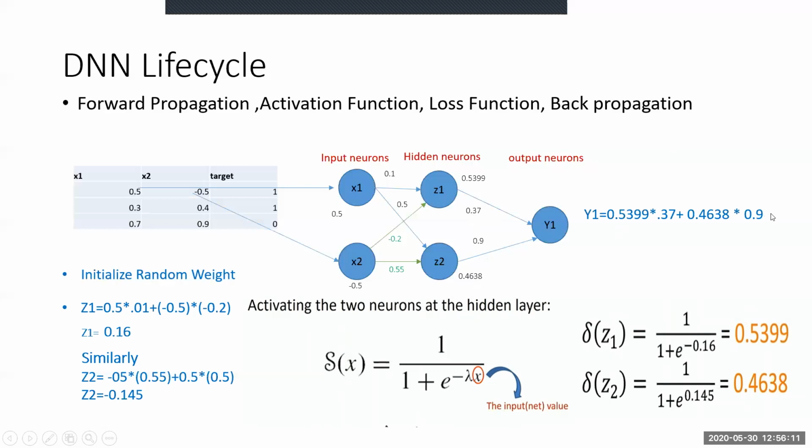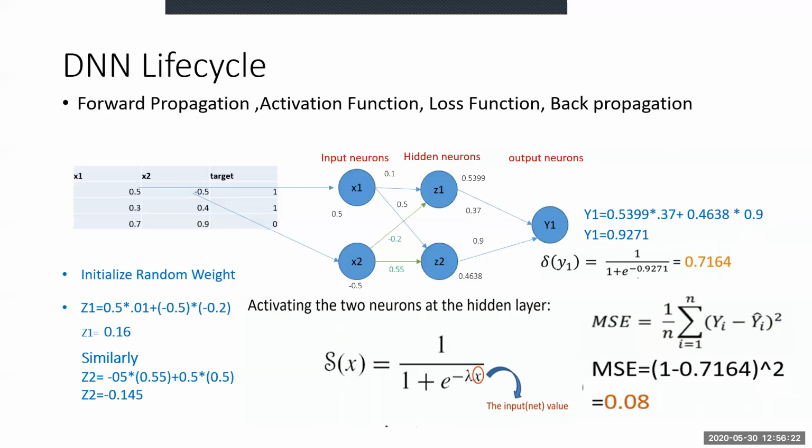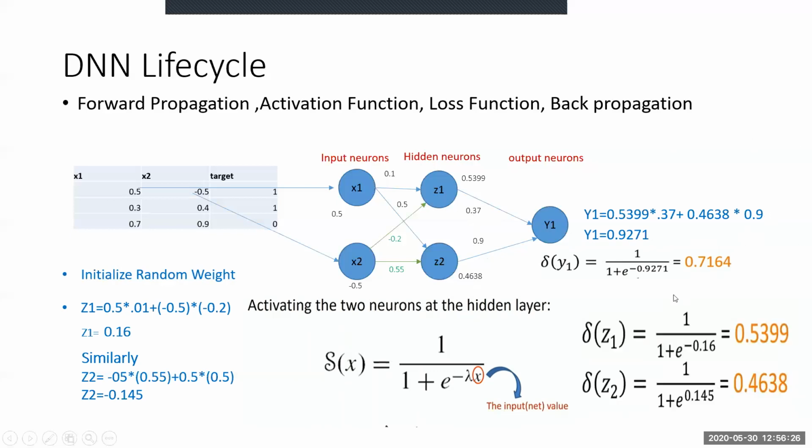So the value of y1 after calculating the weighted average is 0.927, and then passing it to this activation function, the value comes to 0.7168. This value 0.7168 would be the output of y1. What was the actual value? The actual value was 1 for this particular row. And what is the predicted value? The predicted value is 0.7168.